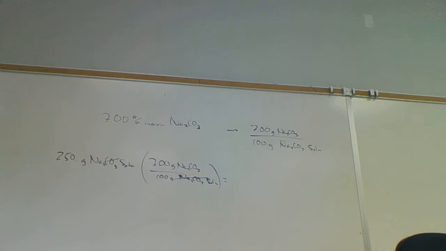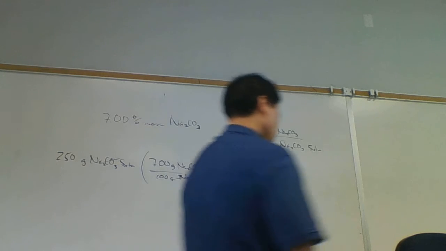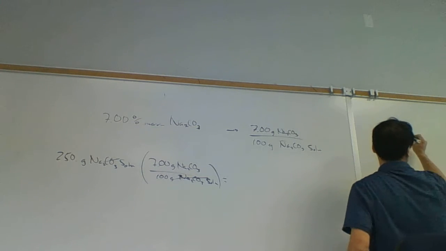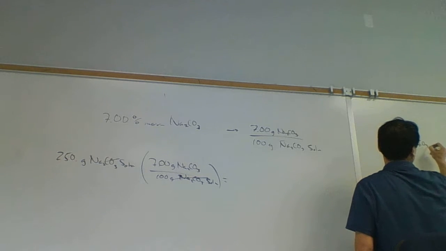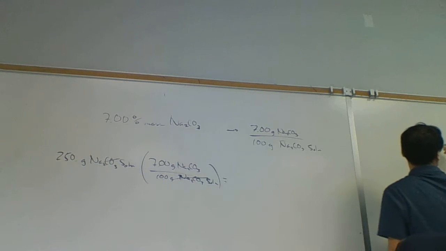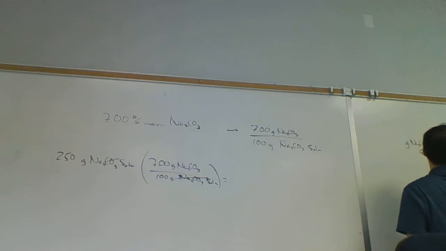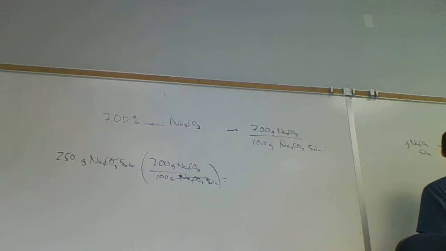Well, how much water is there then? If we have 250 grams total, the grams of sodium carbonate solution will equal the grams of pure sodium carbonate plus the grams of water.